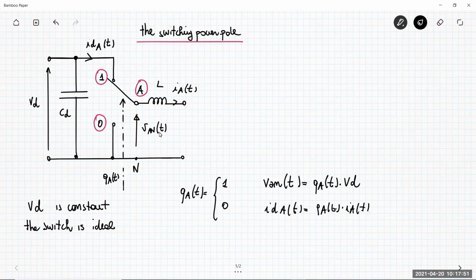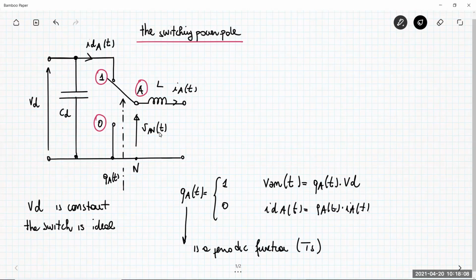To do that, we have to consider that the unitary switching function is a periodic function having period Ts.